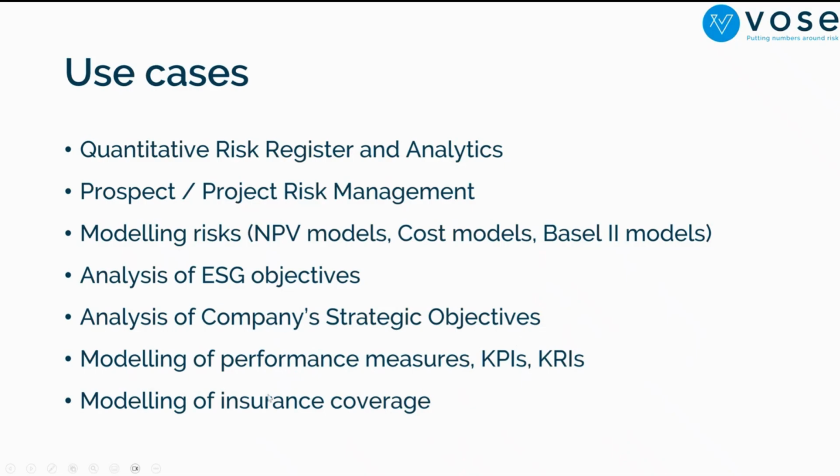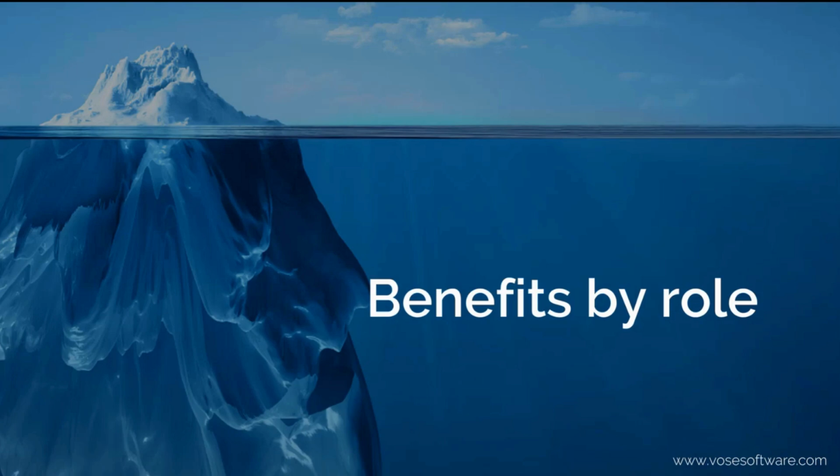And you can also model the insurance coverage. So this list is not limited to some custom use cases. Custom implementations can also be possible, because the system is pretty flexible to allow for various use cases. And now let's quickly look at the benefits by role.